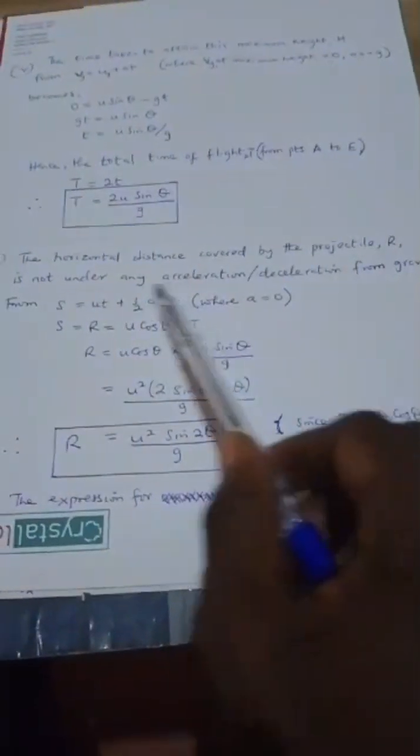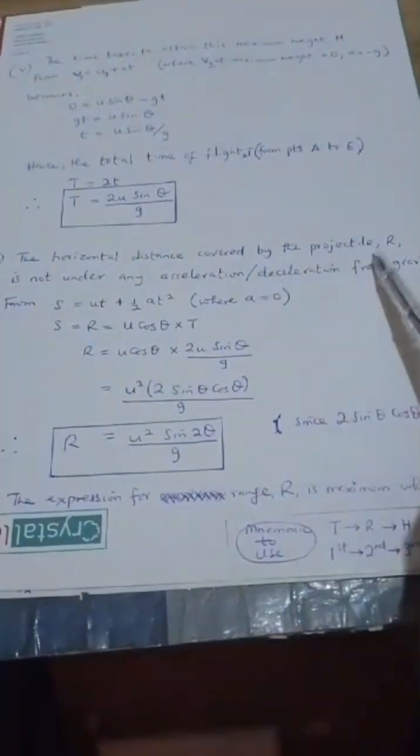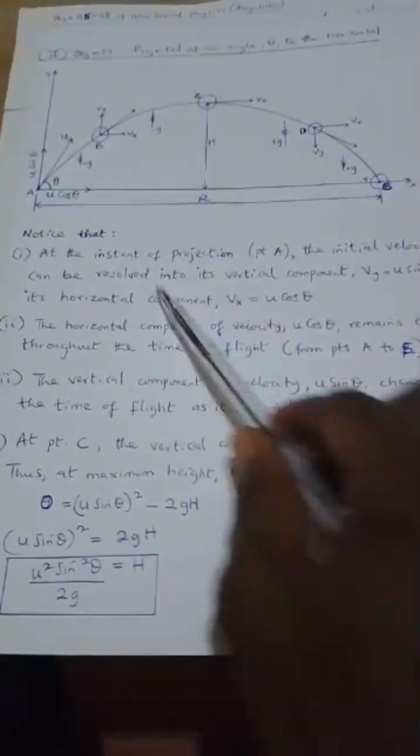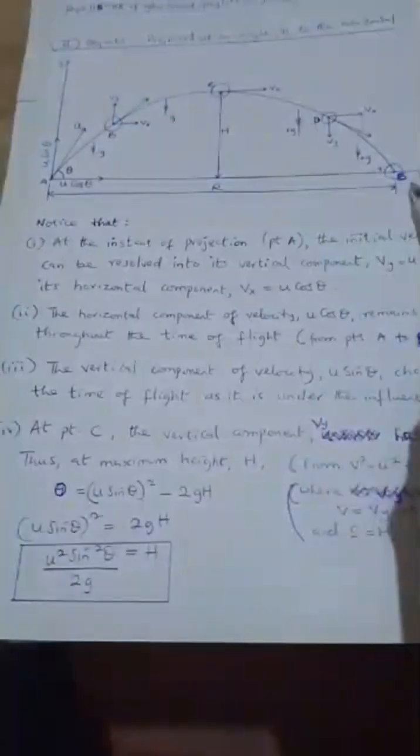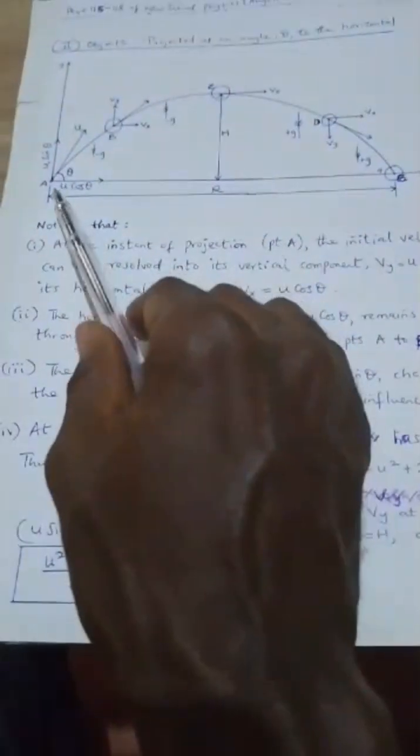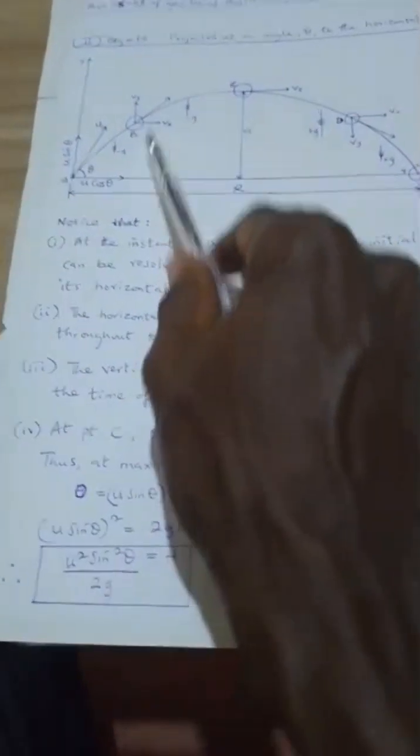This horizontal distance covered by the projectile is represented by the symbol r, it's actually called range. R stands for range. So we can find an expression for this. It doesn't lift off the floor, so it's not affected by gravity.